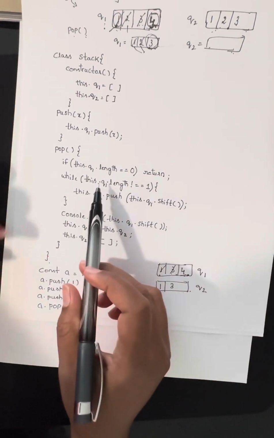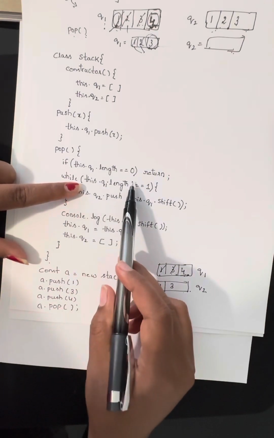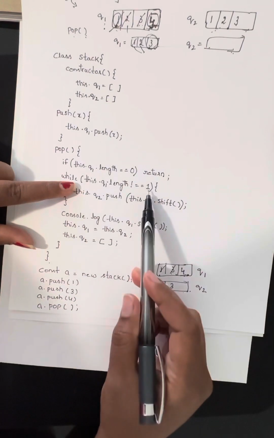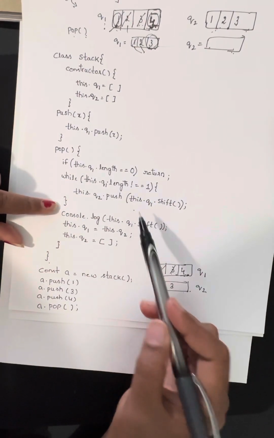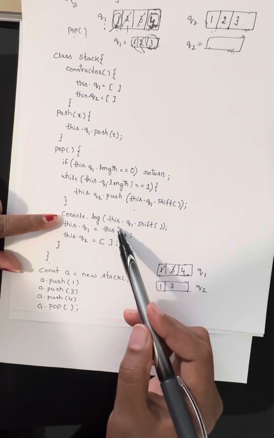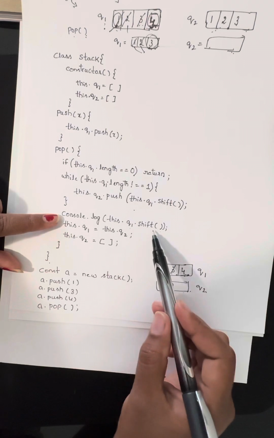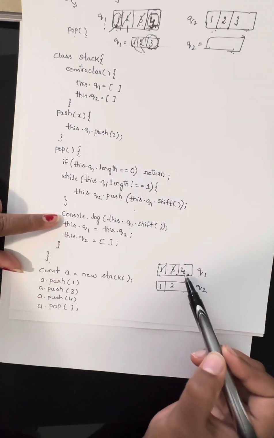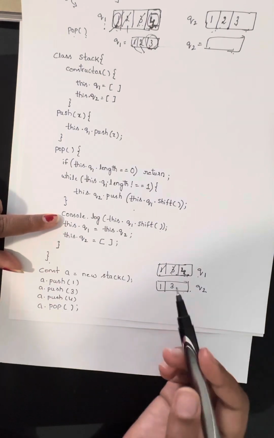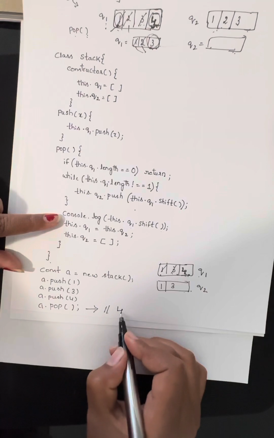Now if this.Q1.length becomes equal to 1, the while loop stops, and we print out this.Q1.shift. Since we have only one element, we'll get 4 as output. So we console the 4.